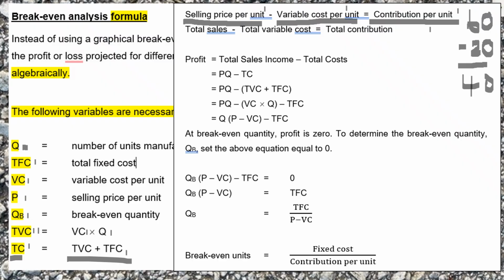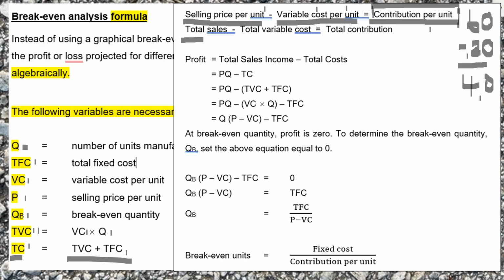So sales minus, let's say, cost price is equal to, let's call it the gross profit per unit. But we're talking business language and not accounting language. So 60 Rand was the price, 20 Rand was the variable cost per unit, so 40 Rand is the contribution per unit.